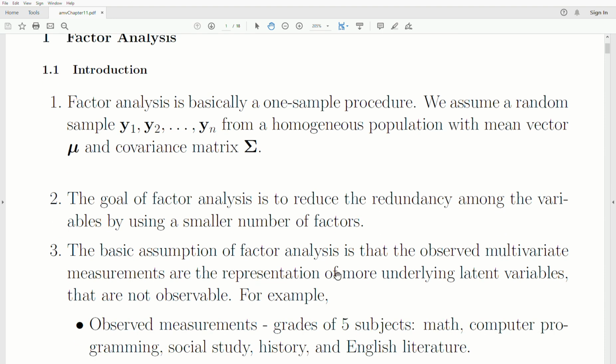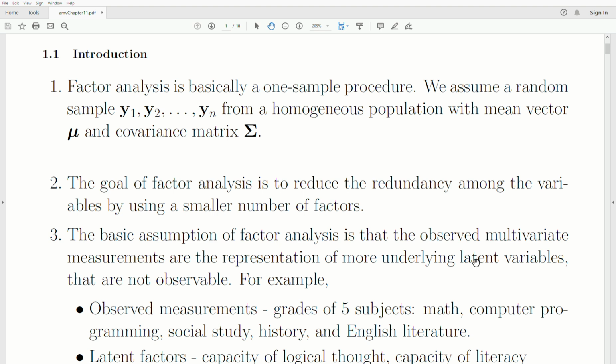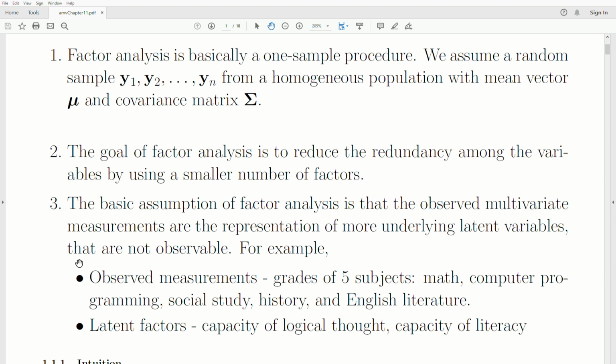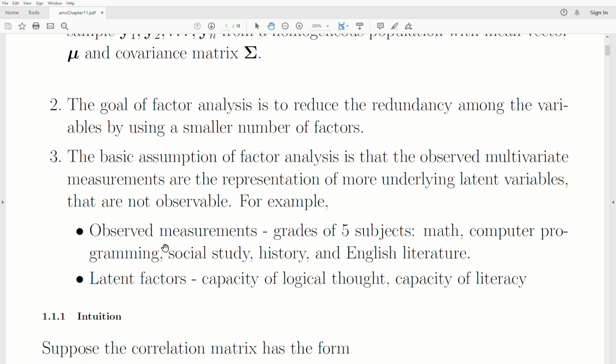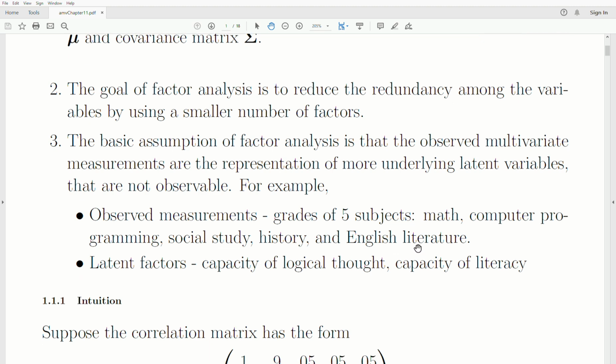The basic assumption in the analysis is that the observed multivariate measurements are the representation of more underlying latent variables that are not observable. For example, these observed measurements are grades of 5 subjects: math, computer programming, social studies, history, and English literature. And the thought is the latent factors are the capacity of logical thought and the capacity of literature.